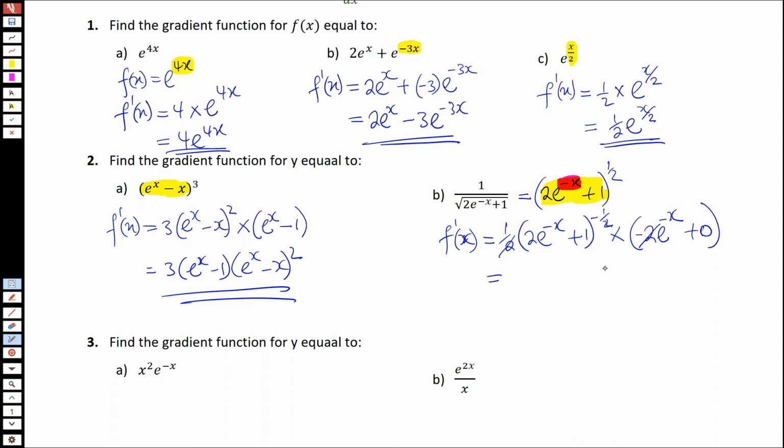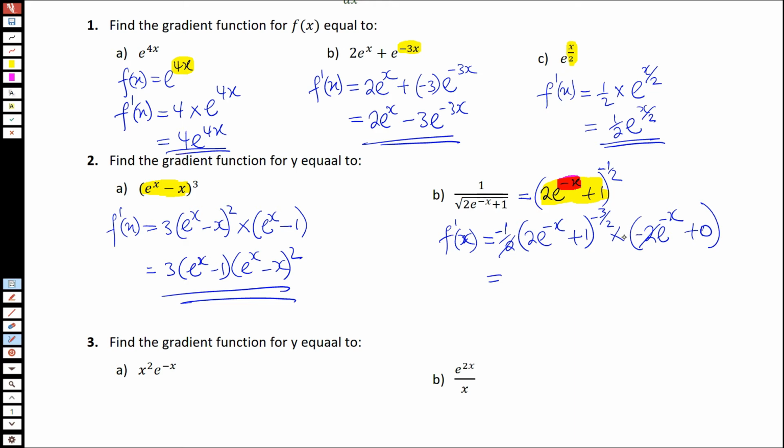Oh, I made a mistake here. That's negative a half. So if you bring that in front, that will be negative a half, and it should be negative 3/2, because a half minus 1 will be negative 3/2. Perfect.